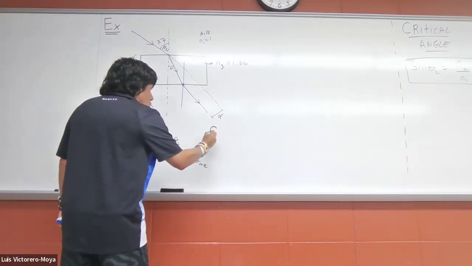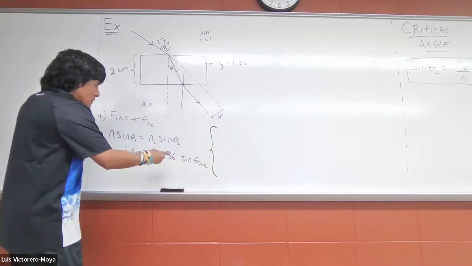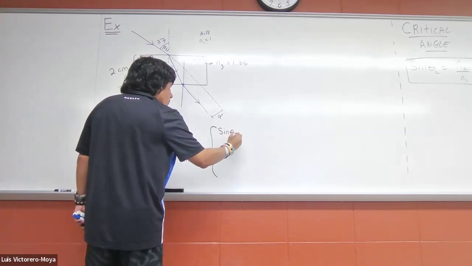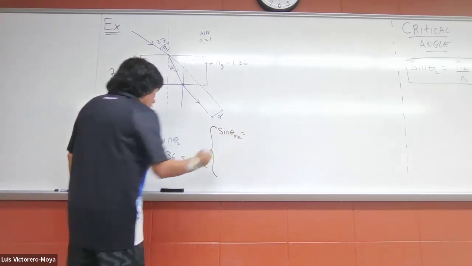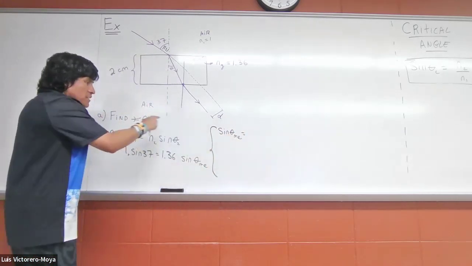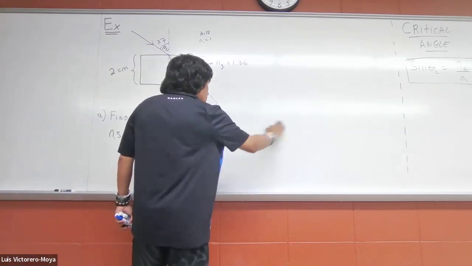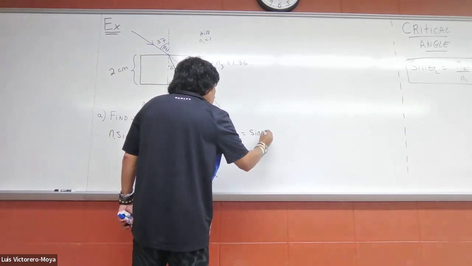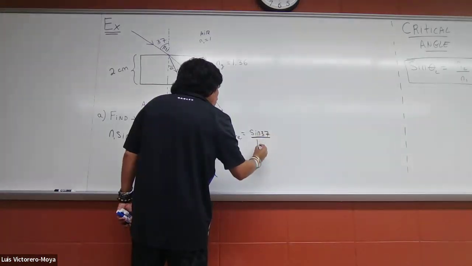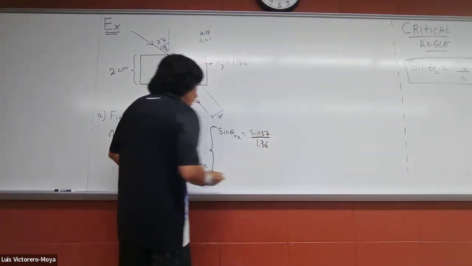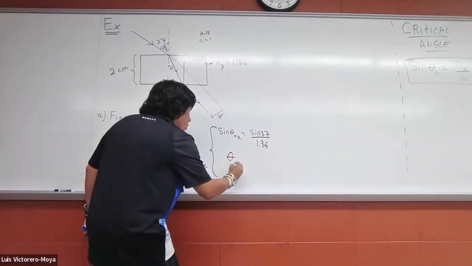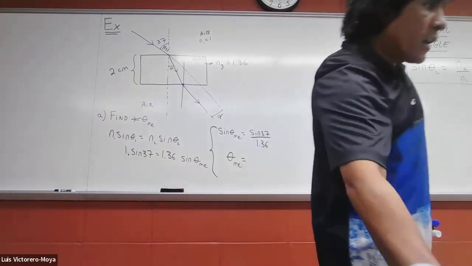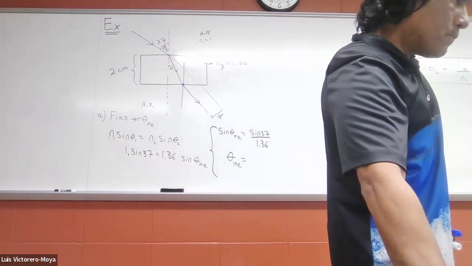So sine of the refracted angle is equal to sine of 37 over 1.36. Okay, so then we can use a calculator to find the angle of refraction. Okay, so that's how we start.